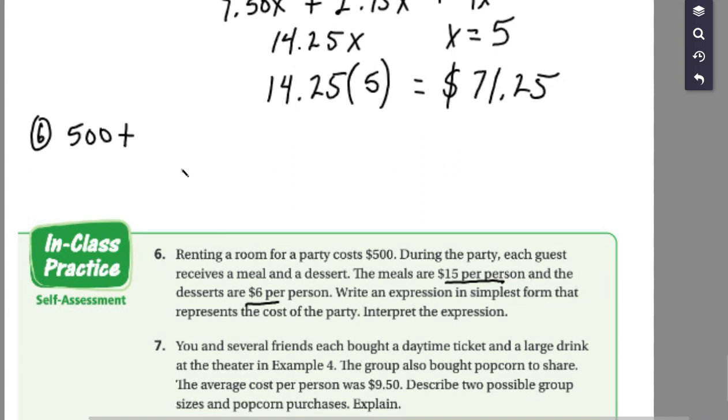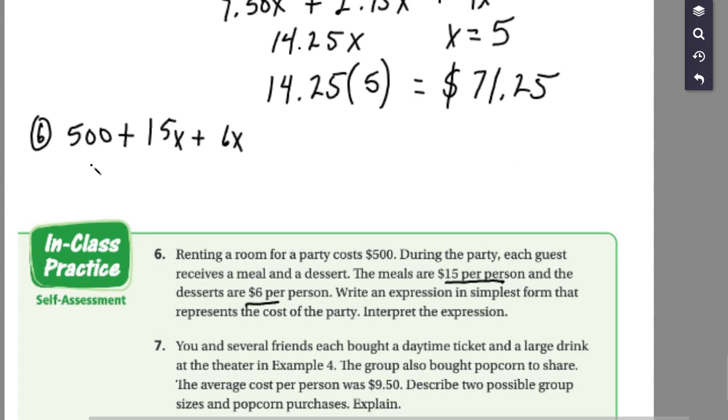Okay, so that's going to be $15 times the number of people plus $6 times the number of people, because it's $15 times the number of people that are coming and 6 times the number of people that are coming.